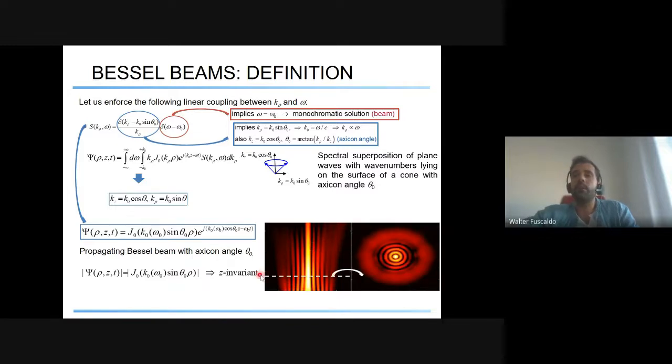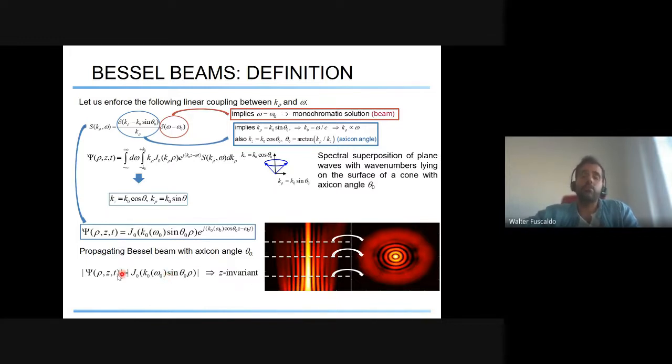Indeed, if we look at the transverse plane at any distance from the aperture plane, we always get the same transverse shape. And that means that our solution is actually propagation invariant, or in other words, localized over a large distance. So this is in principle true even for an infinite distance, provided the aperture is infinite.